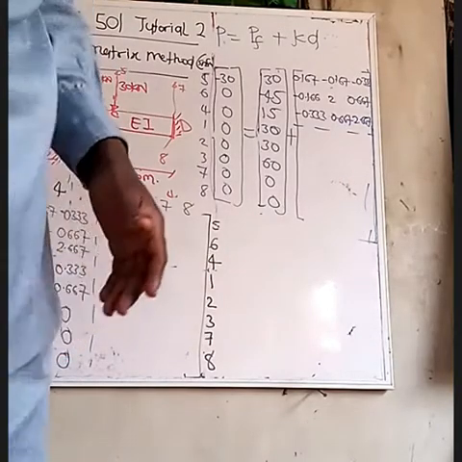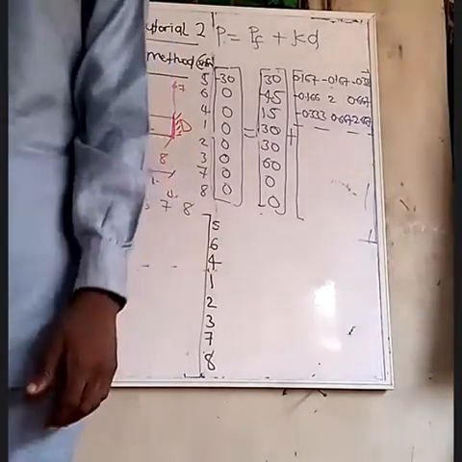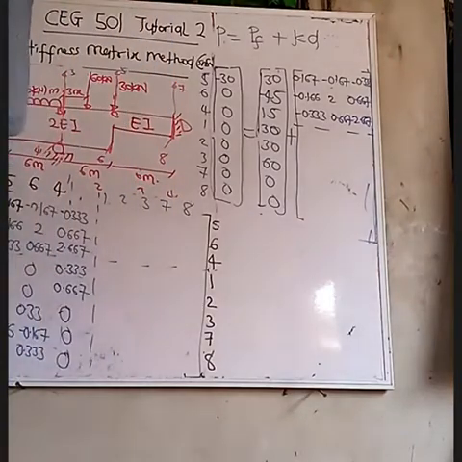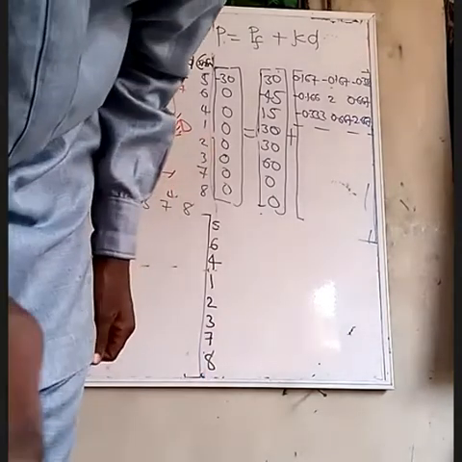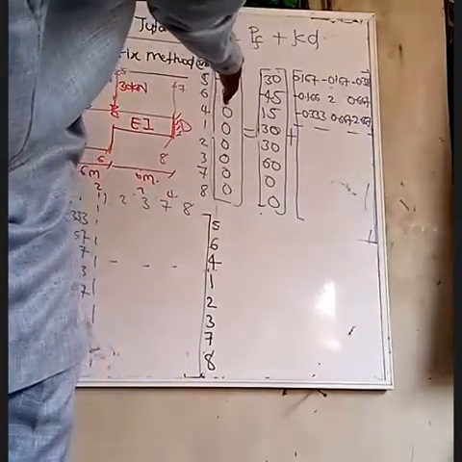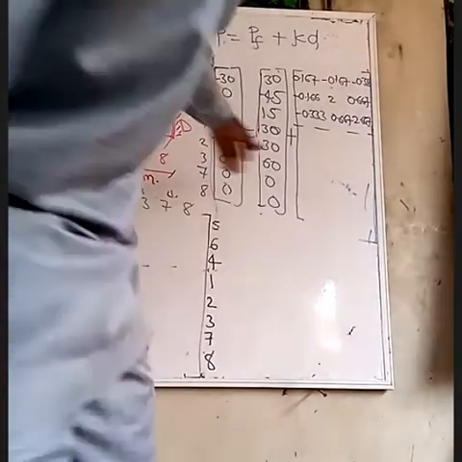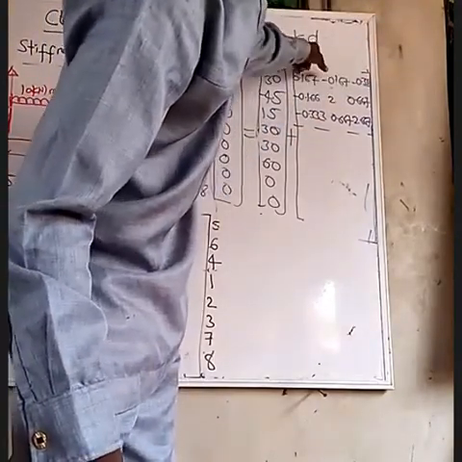No, please, I didn't hear you. You have to call D out in the same order. So we are putting it as 5, 6, 4, 1, 2, 3, 7, 8. For D, we have D5, D6, D4.